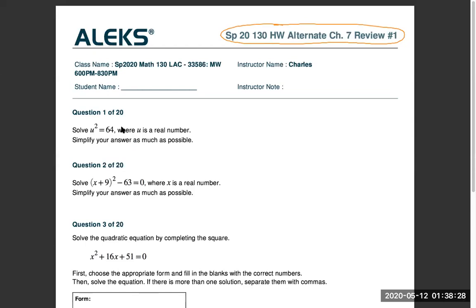For this, before I get into the meat of this problem, I want to give you a little note here. Chapter 7 is solving quadratic equations and expressions.